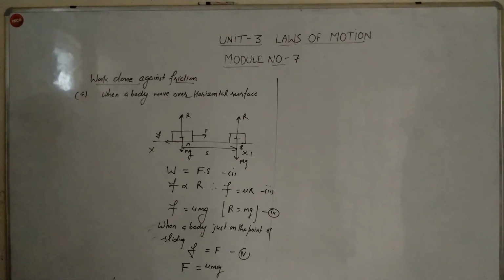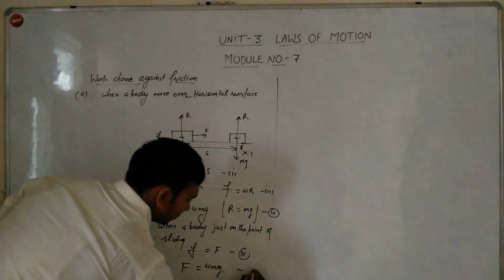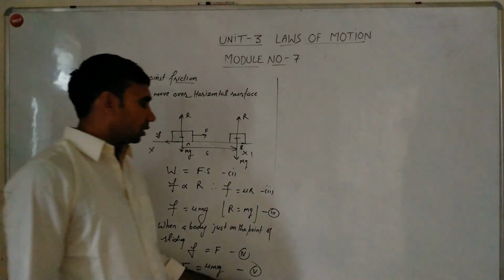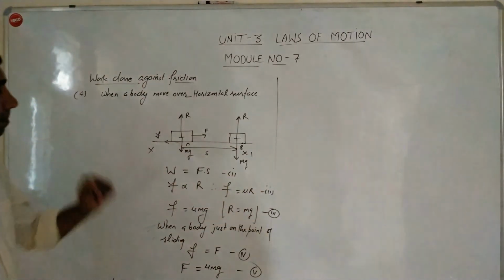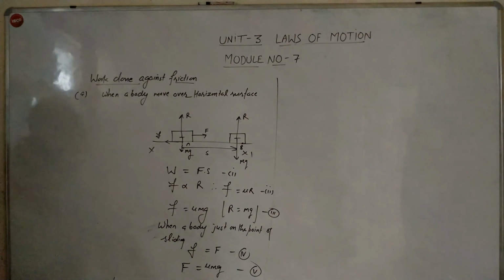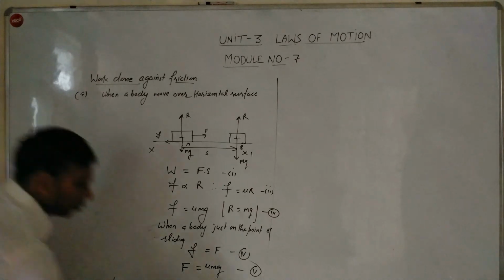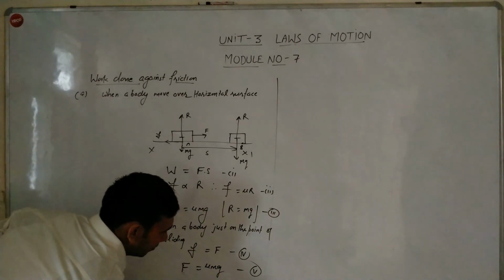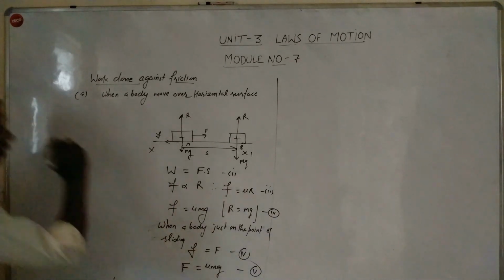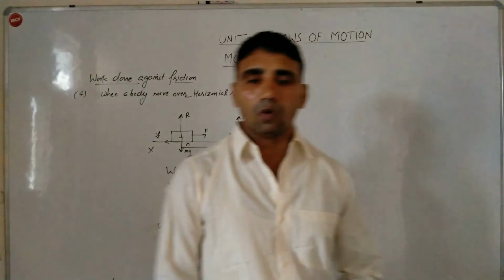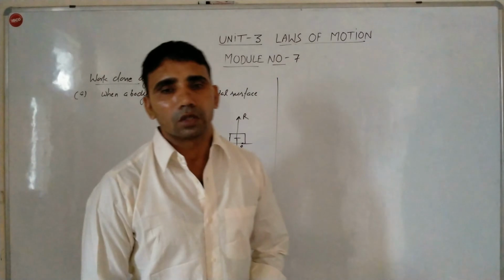Putting the value of F from equation 5 in equation 1, the work done is equal to mu mgs. This is the work done against friction when a body moves over a horizontal surface.